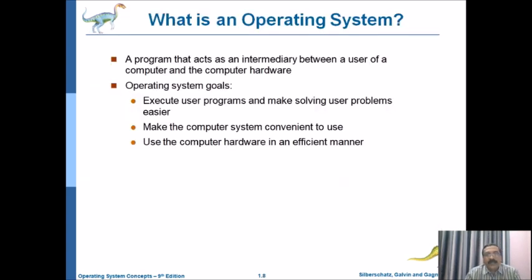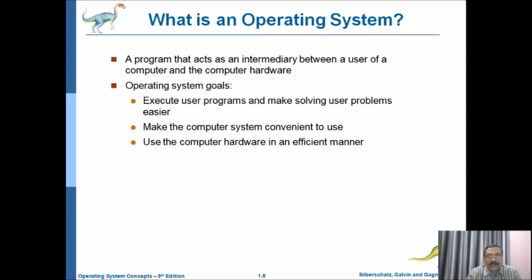Now let me ask a question: what is an operating system? Everybody is familiar with this term, operating system or OS, and immediately when you hear the name OS, your mind has a picture of a desktop or laptop screen.